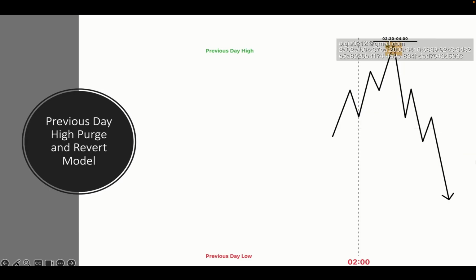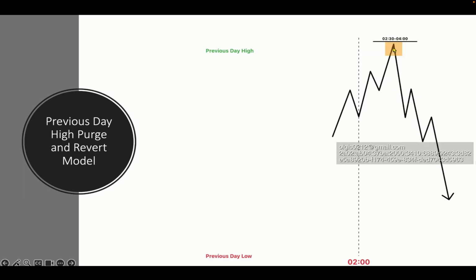When the previous day high gets traded above, we will be looking for signs to confirm a smart money reversal during 2:30 to 4. During this time window, we want to see a high form above the previous day high, and we want to see a change in the state of delivery occur on the lower time frames. From there, we want to see displacement lower occur, which confirms that sell-side delivery is likely to be next.